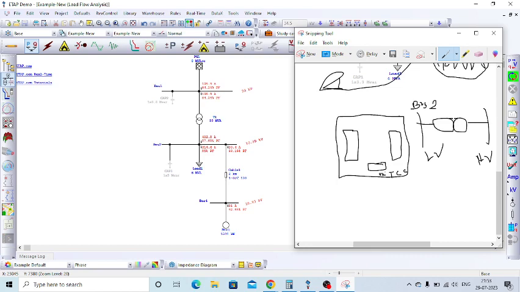This RTCC panel will just measure the bus voltage, and it will give the control to the OLTC. This will be our secondary winding, this will be our primary winding.